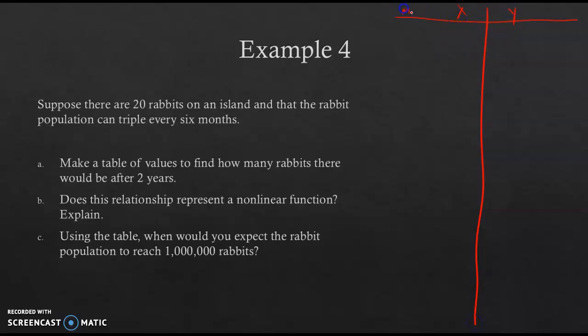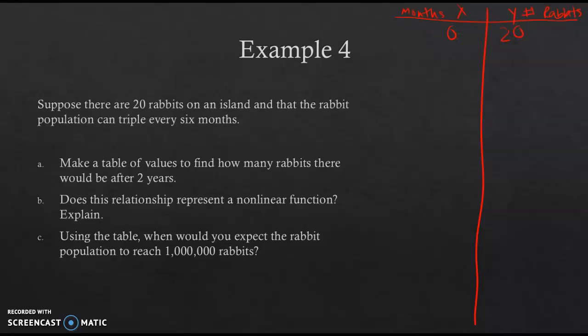X is months, and y is number of rabbits. Every 6 months, we start with 0, 20 rabbits.